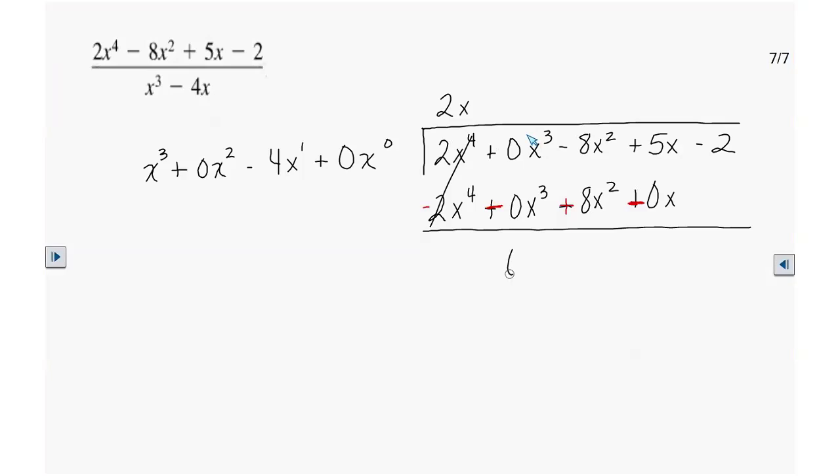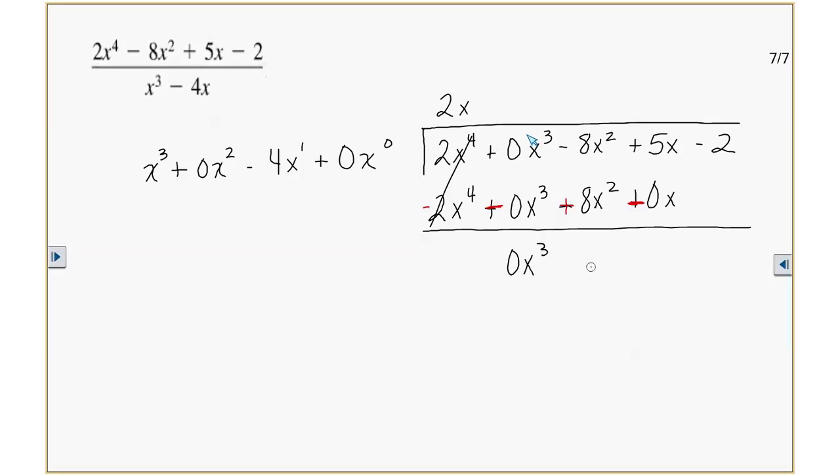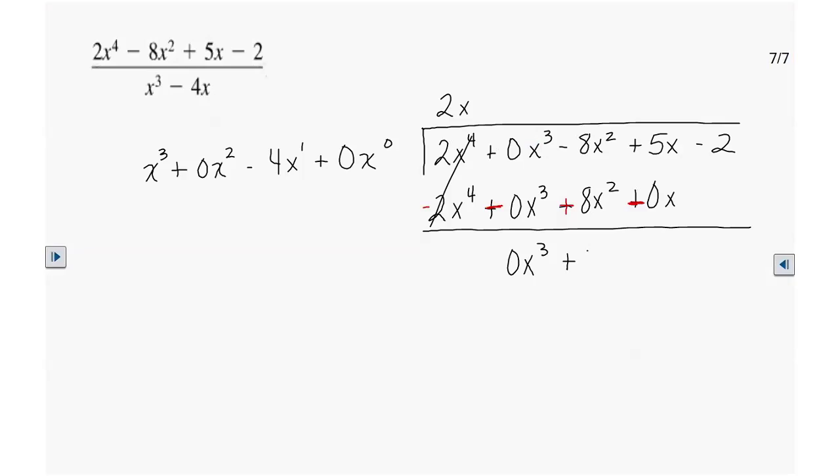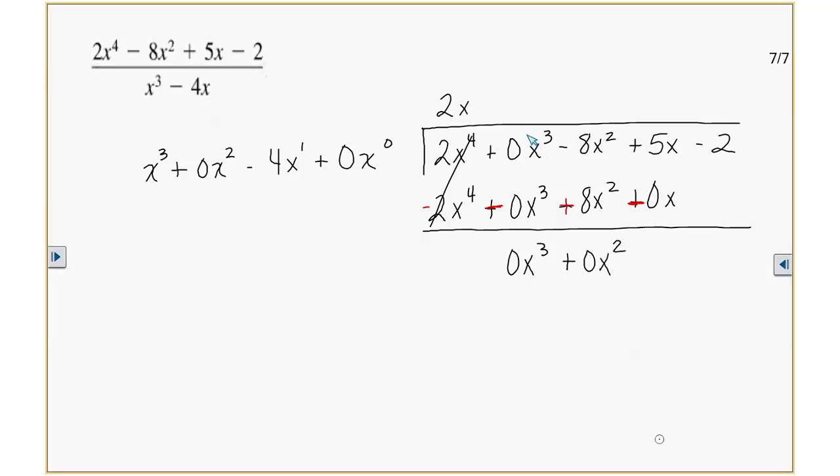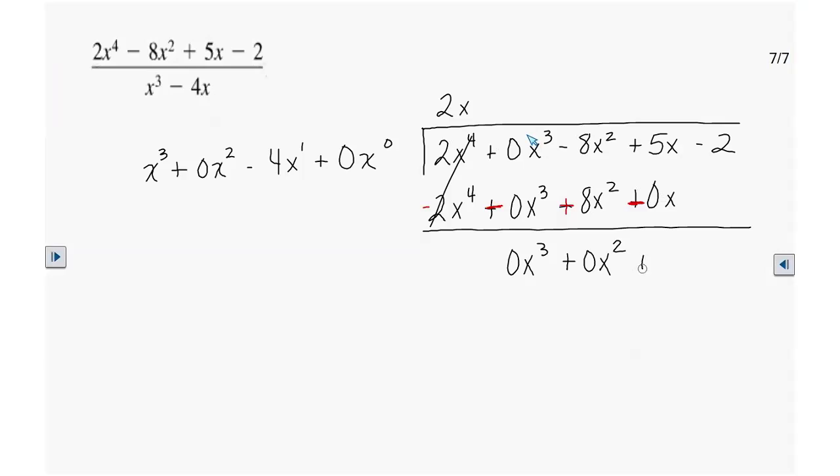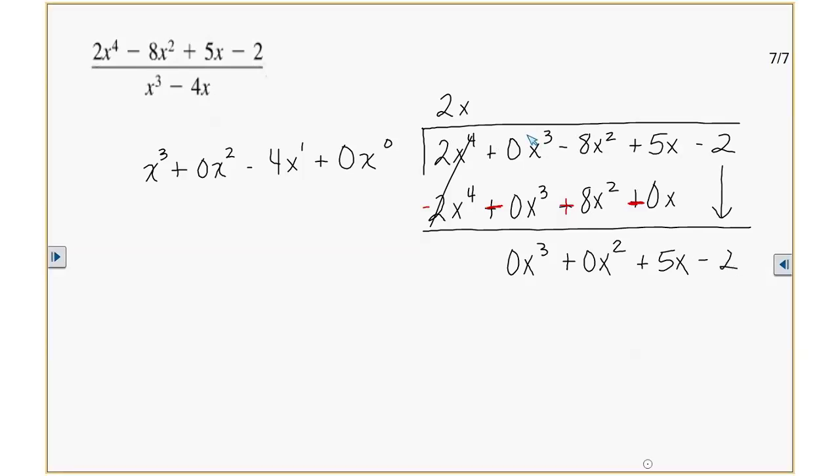0x cubed. Negative 8x squared plus 8x squared is 0x squared. 5x minus 0x is 5x. And the 2 comes down to help out. And at this point, you're done.